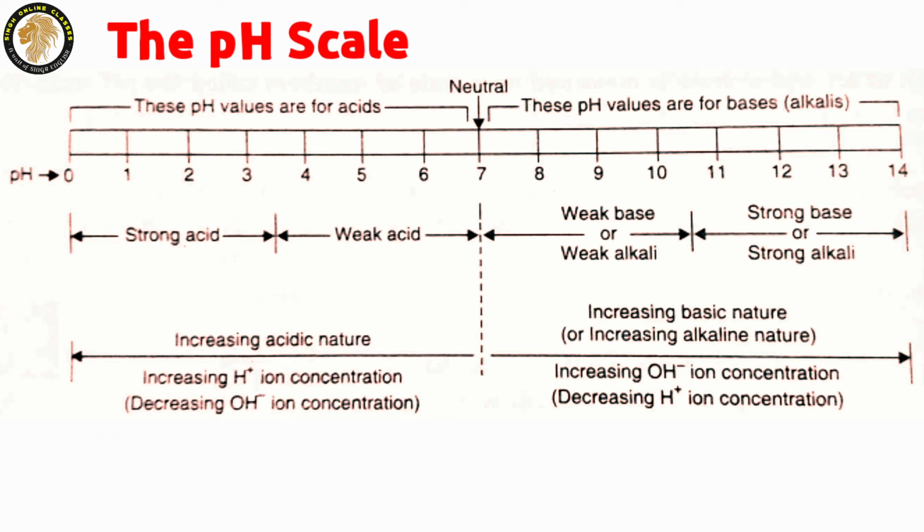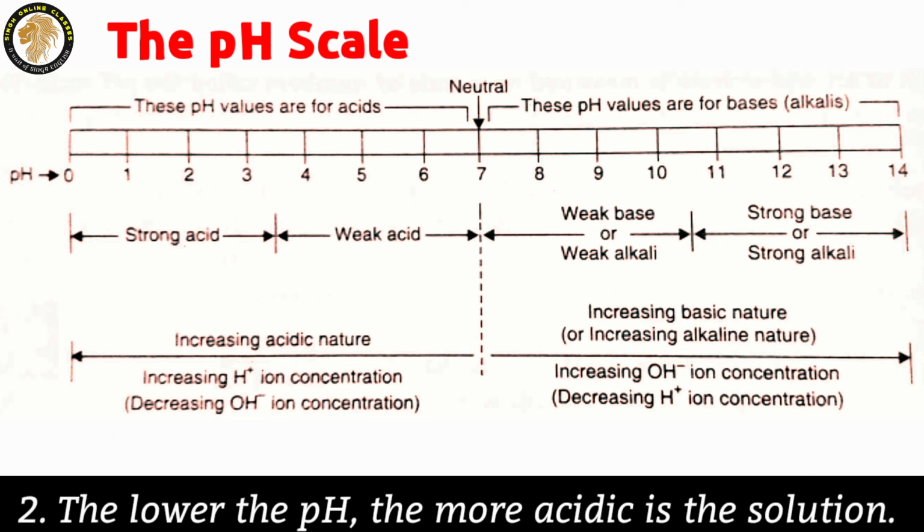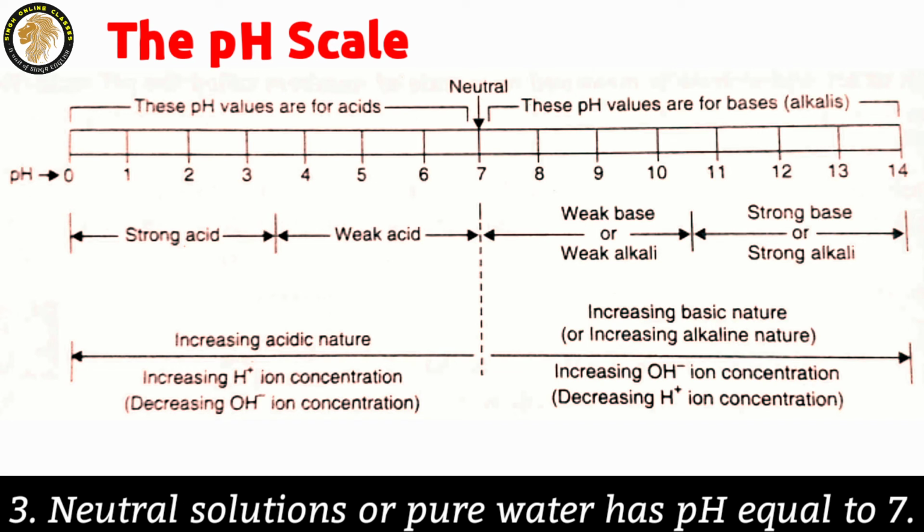Now, rules for the pH scale. There are some rules we have to understand. First rule: acidic solutions have pH less than 7. Second rule: the lower the pH, the more acidic the solution. Third: neutral solutions or pure water have pH equal to 7.